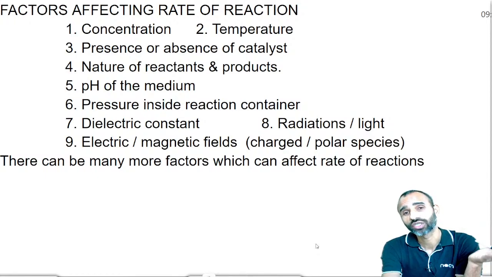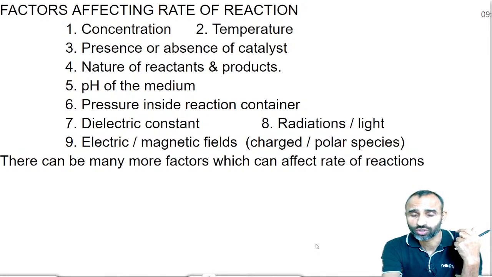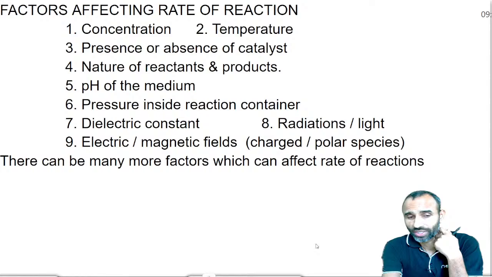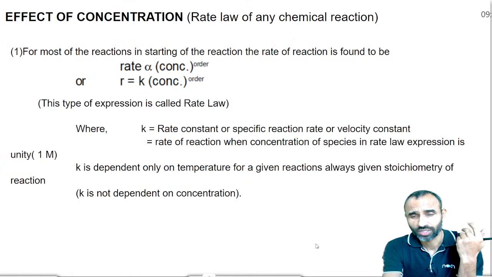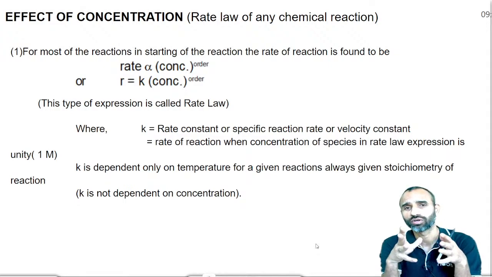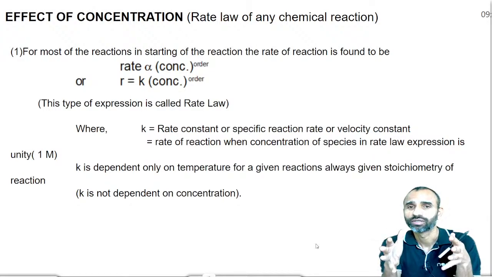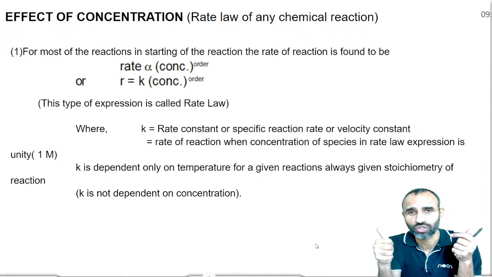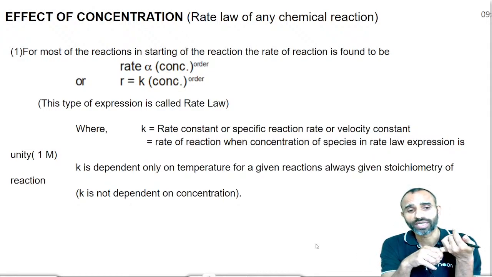Even electric or magnetic field also affects the rate of reaction when we are dealing with charged or polar molecules. There are so many more factors as well, but the main factors are concentration, temperature, catalyst. These three factors are the main factors which affect the rate of reaction.